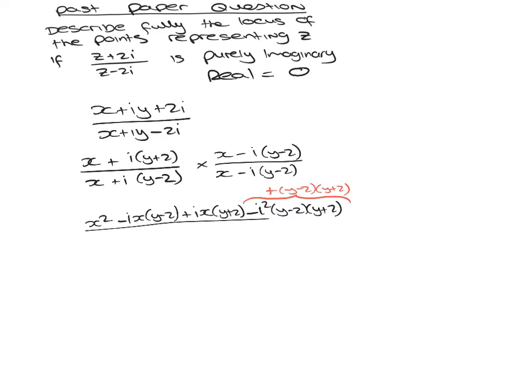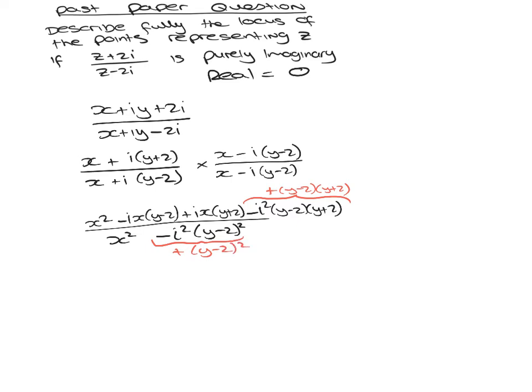And the denominator is going to become x squared. The imaginary parts will disappear, apart from the minus i squared (y minus 2) squared. But remembering minus i squared becomes plus 1, so that becomes plus (y minus 2) squared.